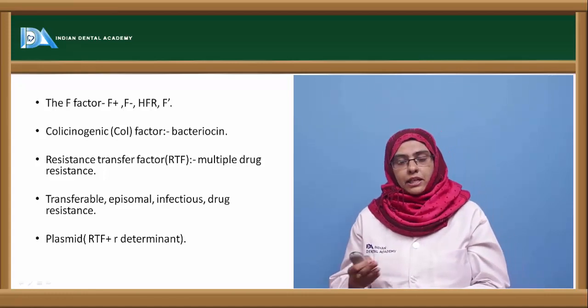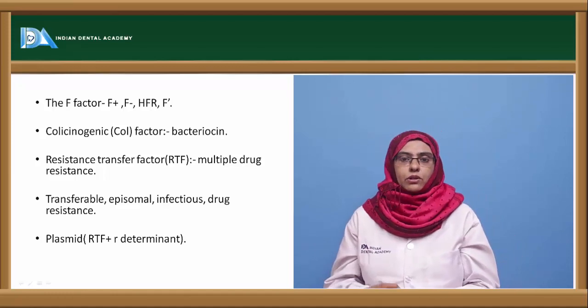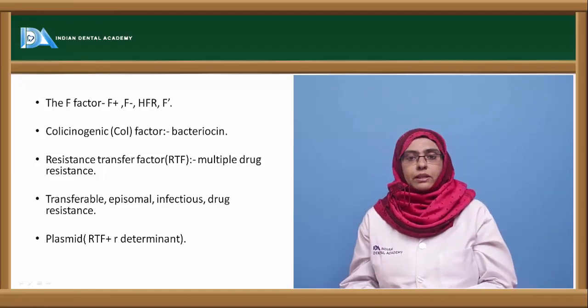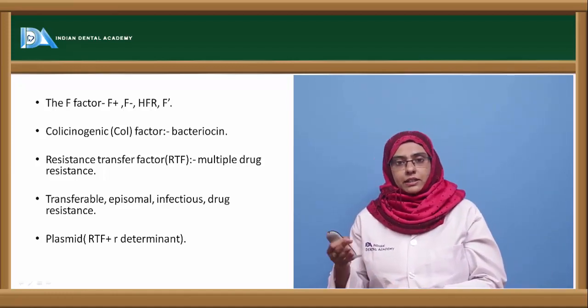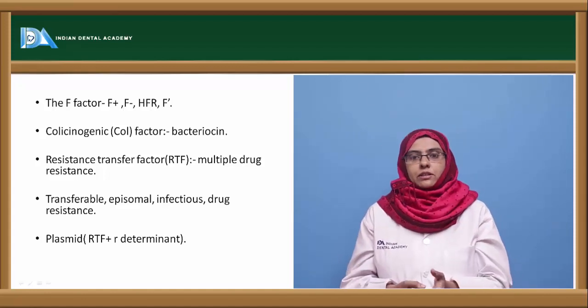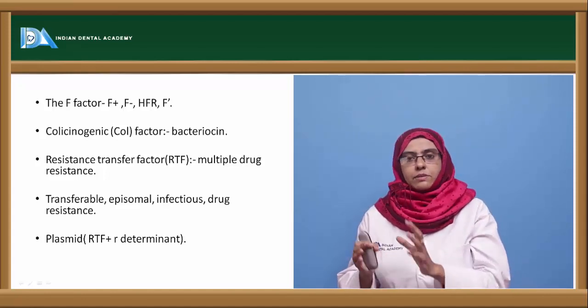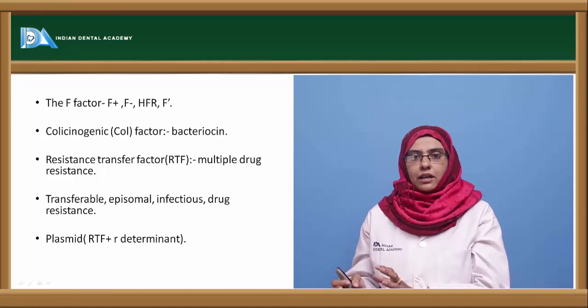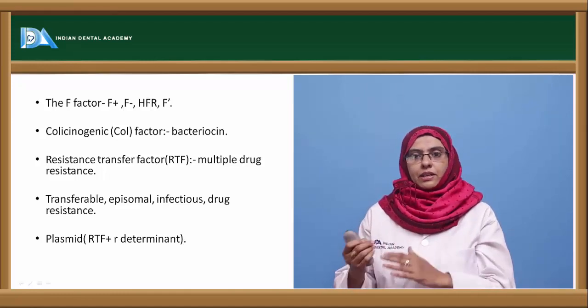Now because there are different types of colicin produced not only by gram-negative organisms but also by gram-positive organisms, they are called bacteriocins. Bacteriocins are nothing but colicins produced by different types of bacteria.